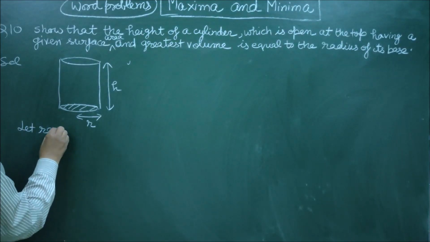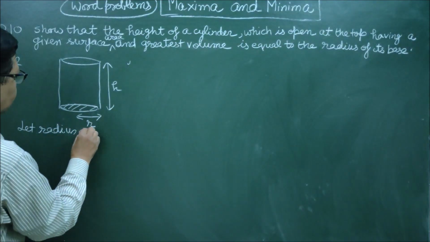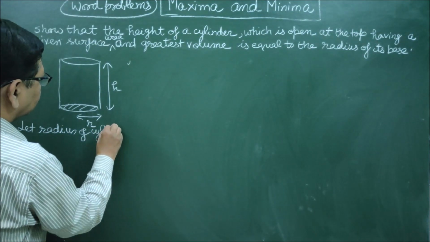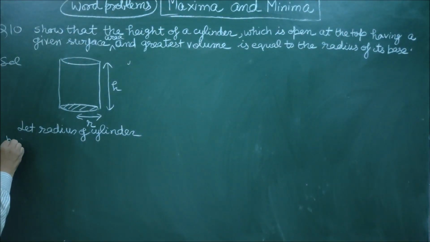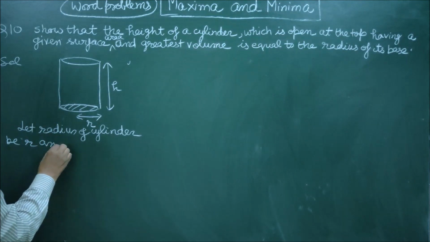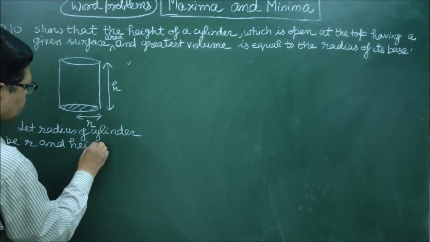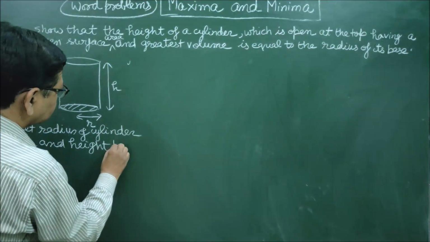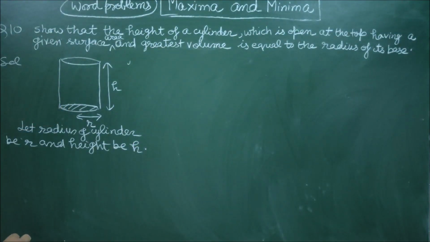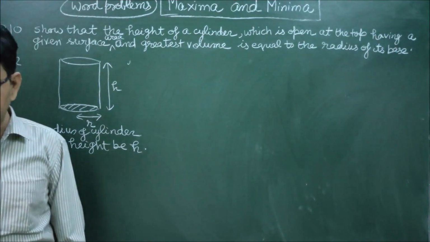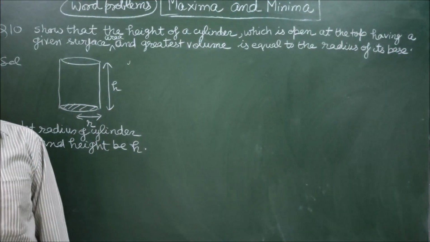Let the radius of the cylinder be r and height be h. The cylinder is open at the top, having a given surface area. Surface area is given, which means the surface area will be treated as a constant.